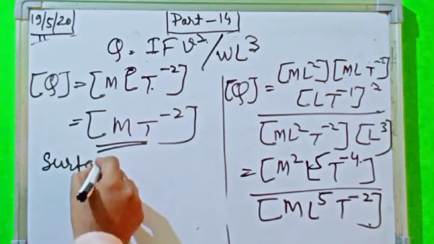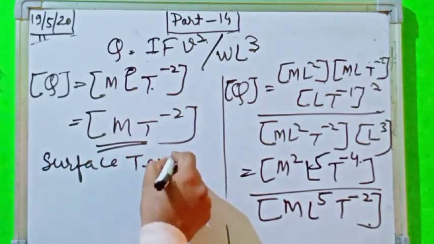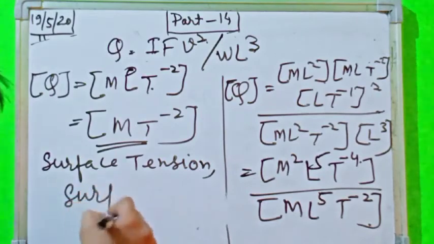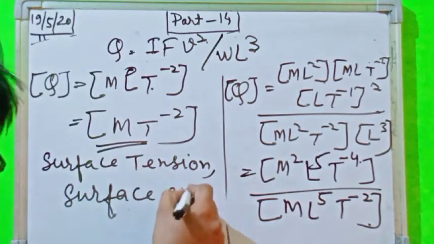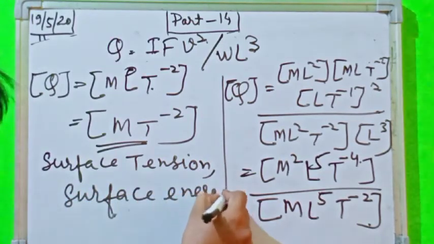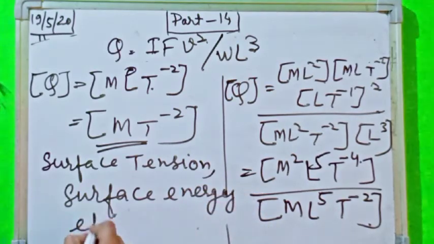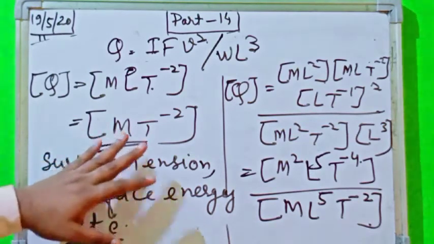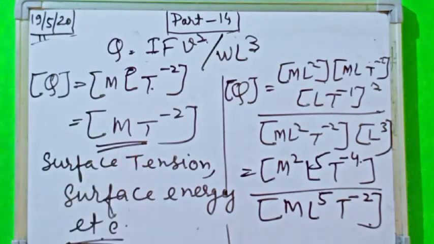Surface tension, surface energy, etc. M T minus 2 is the dimensional formula for all these physical quantities.